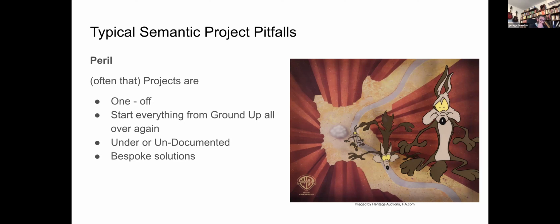So that's a big problem. Then as the project moves on, they tend to be under or undocumented, so the data is supposed to self-describe itself, but in practice, you need a lot of contextual information to actually reconstruct how your semantics are being used, and bespoke solutions come along. And so you end up, rather than being in the dream, being back in having siloed and difficult to reuse data.